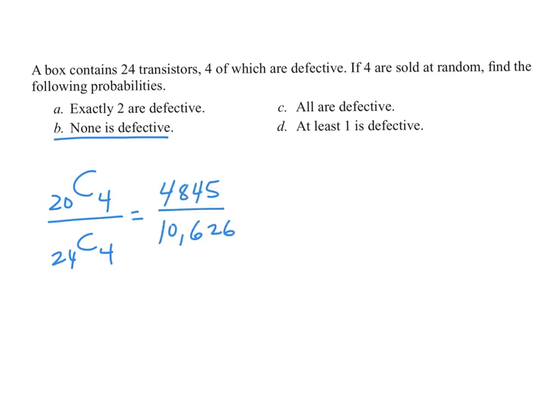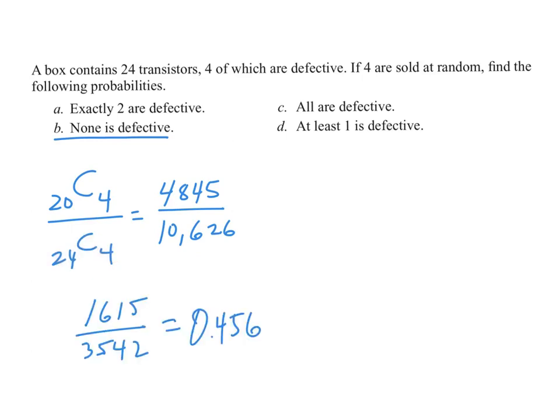So when I do that, this is the fraction you're going to get. In all of these probabilities, here's the one thing I want you to notice. In a problem like this, the total possibilities is going to be the same in every problem. So it's the top number, the numerator, that's going to change each time. The total possibilities in the bottom is going to stay the same, choosing 4 out of the 24.